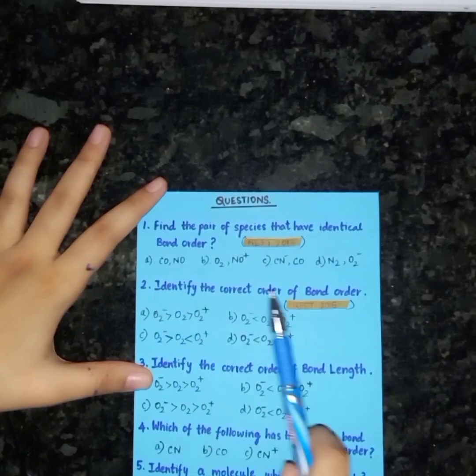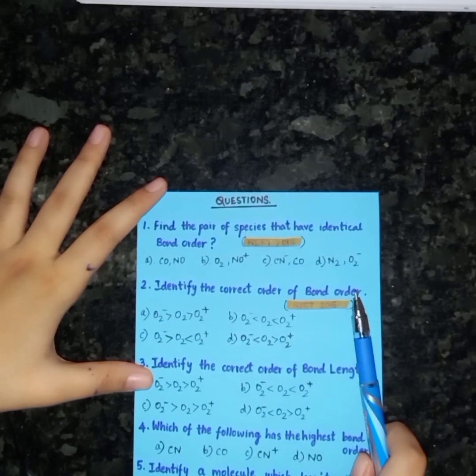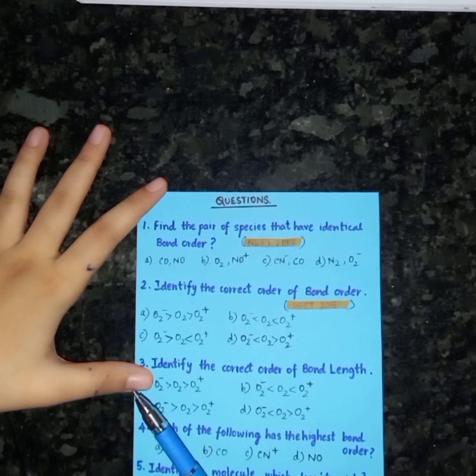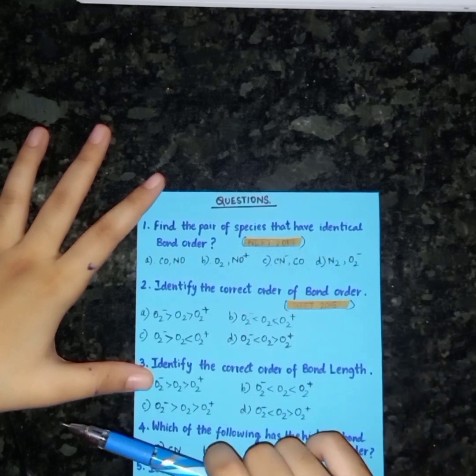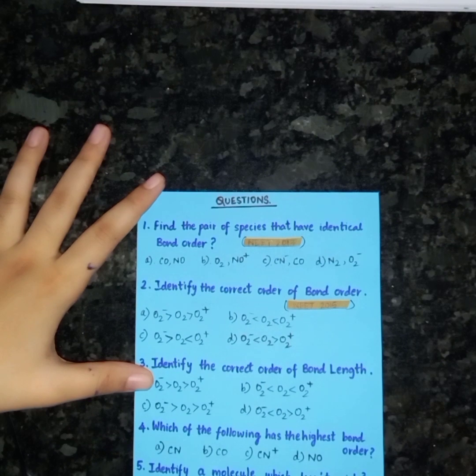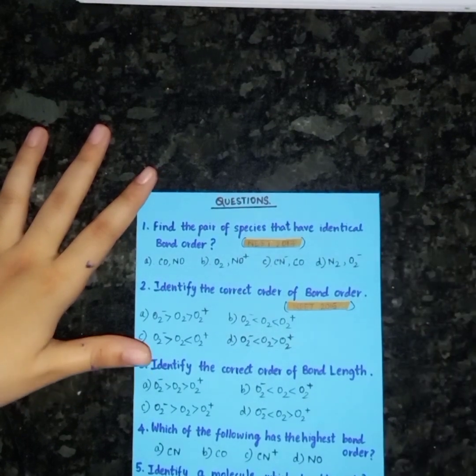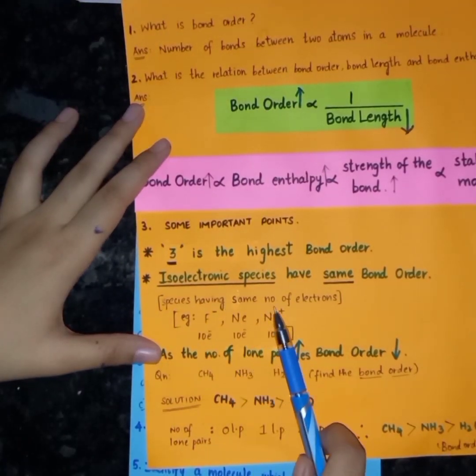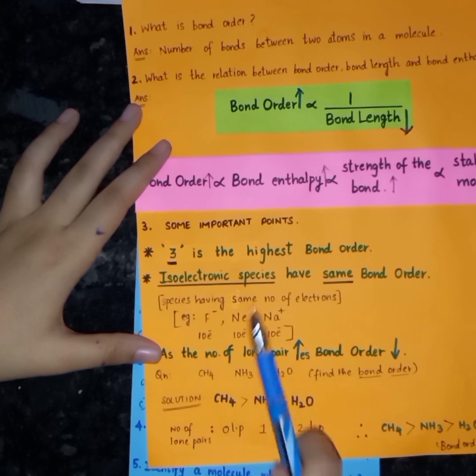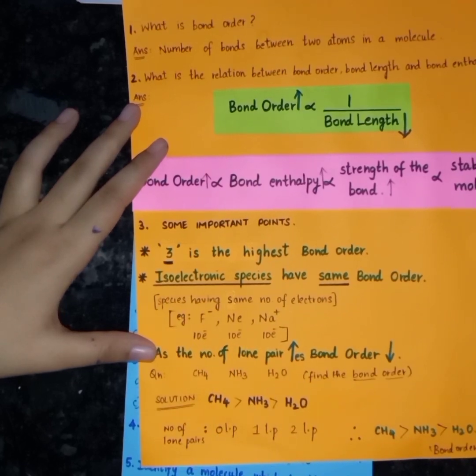So here we have to find the isoelectronic species among the four options. Those species will have the identical bond order. So let's find the isoelectronic species. What are isoelectronic species? The species having the same number of electrons are called isoelectronic species.